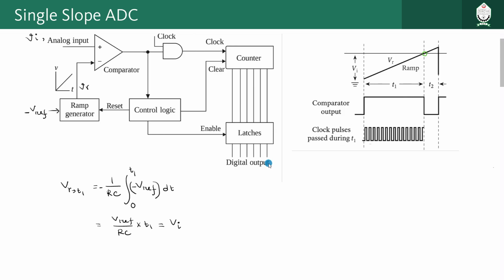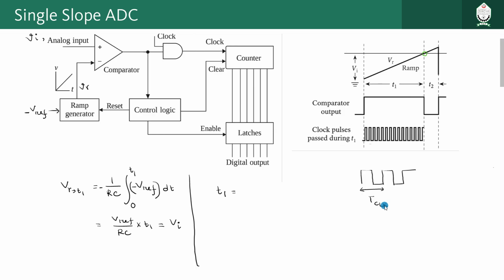So for that, we are going to do another thing, that is, let us try to represent T1 in another way, which is T1 is this duration. We know that the time period of each of the clock pulses, we said it was T clock, right?